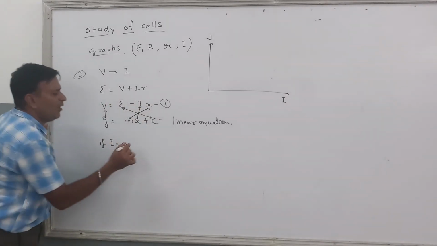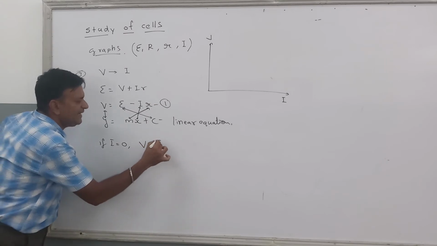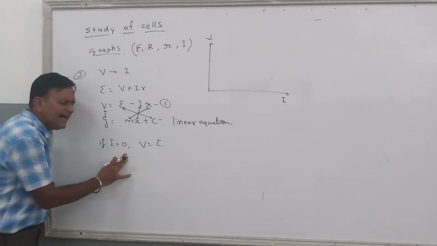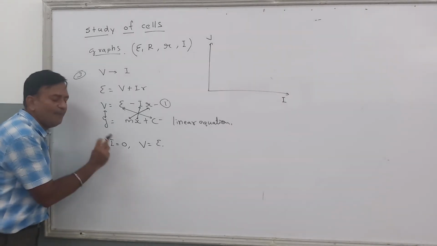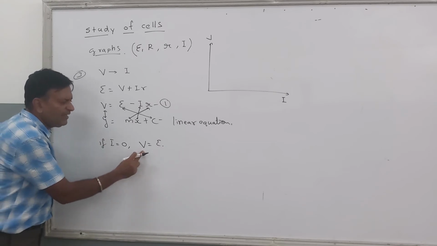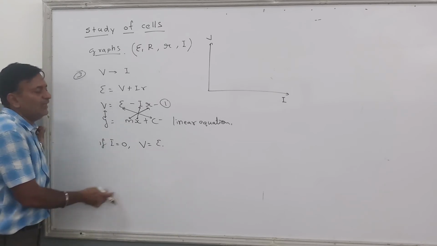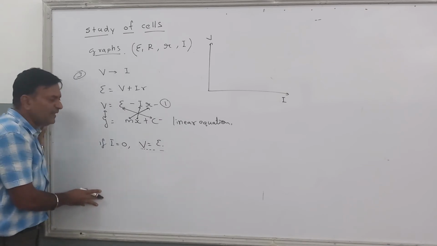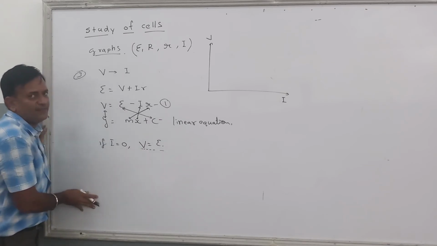If this term is 0, what do you get? V is equal to epsilon. Okay, if you are drawing no current from this cell, then potential difference is equal to epsilon. This is the maximum possible value of potential difference.